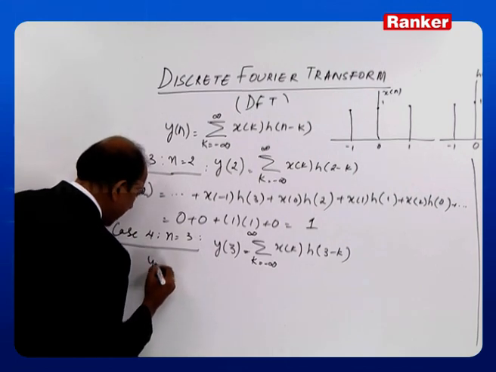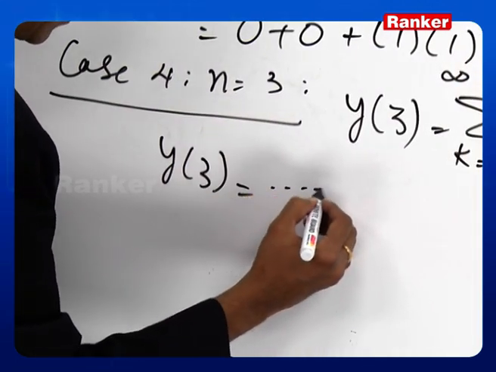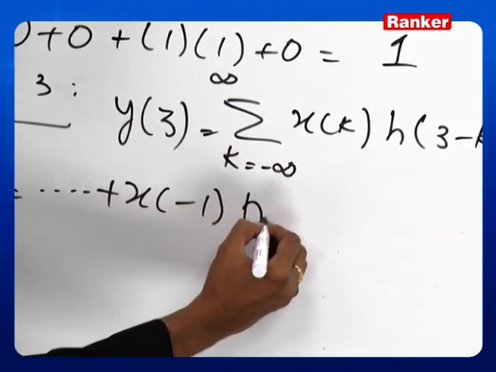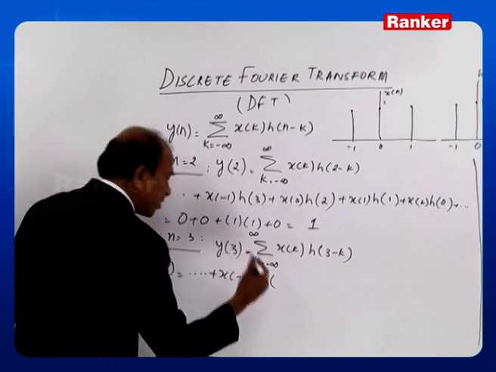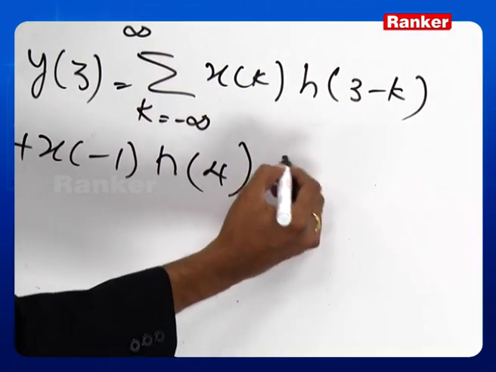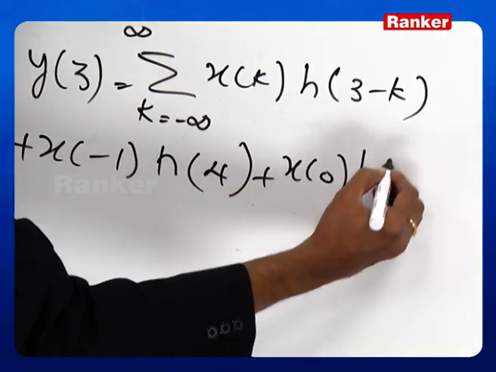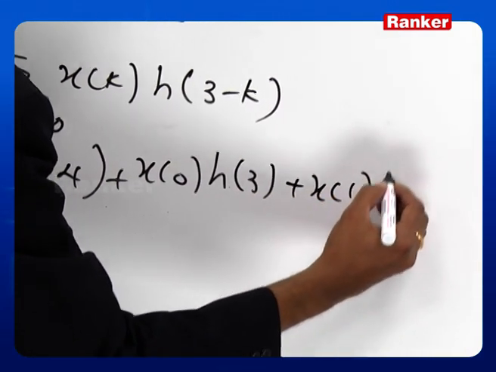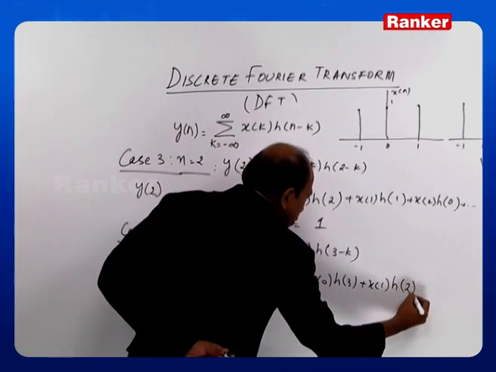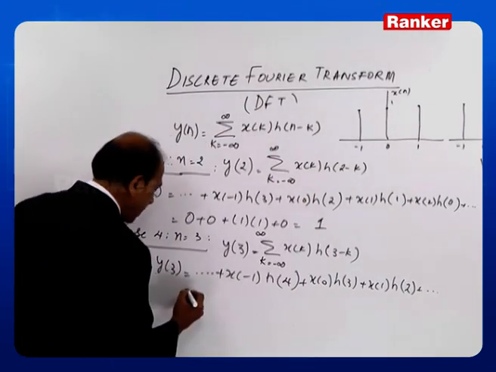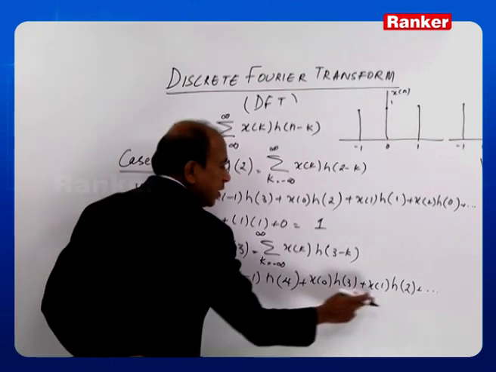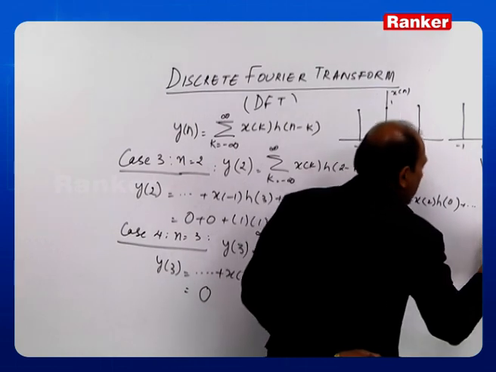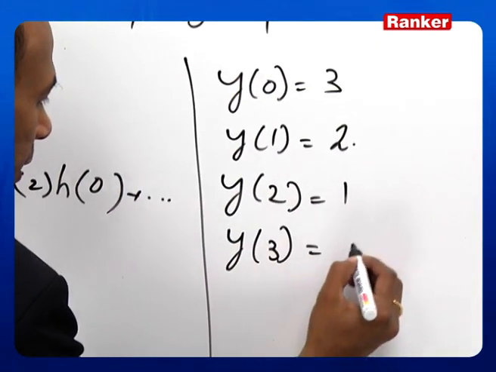Then y of 3 will be equal to plus x of minus 1 h of 3 minus of minus 1, that is h of 4, plus x of 0 h of 3 plus x of 1 h of 2 and so on. I see here this is 0, this is 0, this is 0. So, I will get here 0. Now, y of 3 is equal to 0.